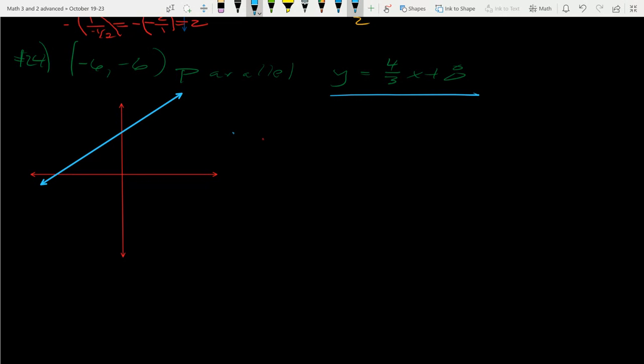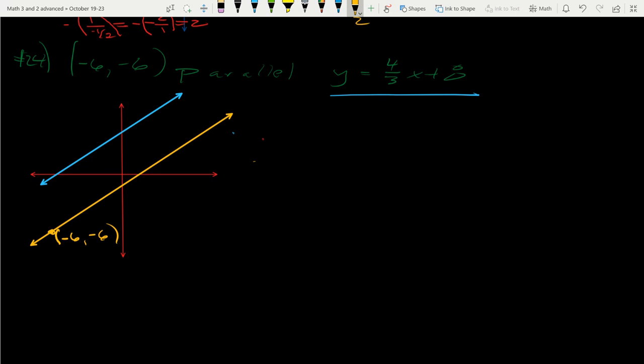Now what they want us to do is take a line that goes down here through -6 and -6, so it's down here somewhere. And they want it exactly parallel to this one here. So we have this point down here that we're going to call -6 and -6.